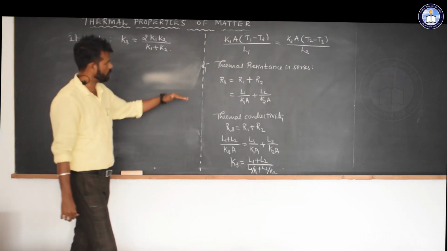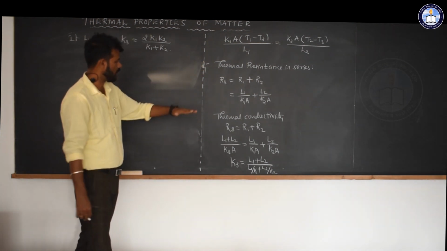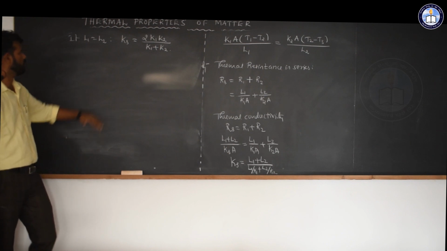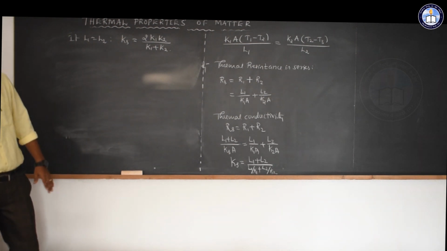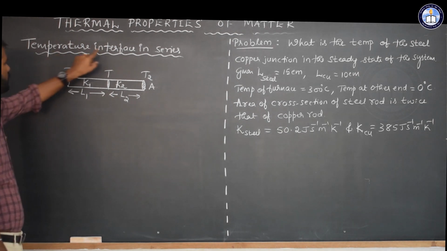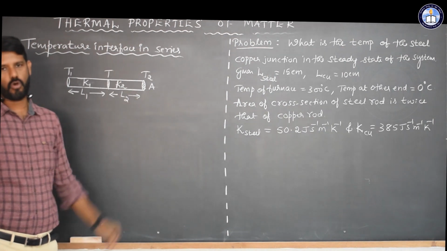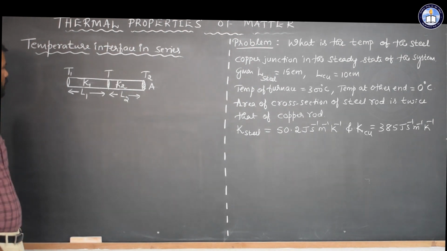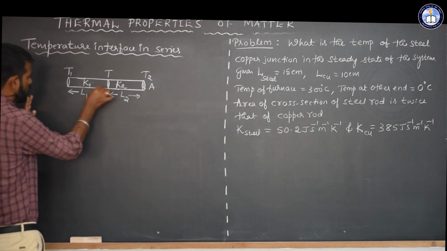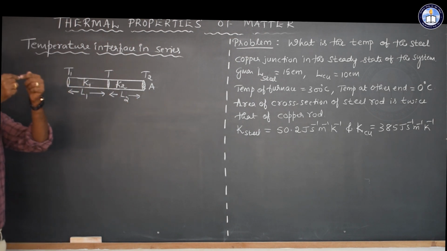We can calculate the heat current, the thermal resistance, and the thermal conductivity in series combination. Let us come to another concept here, temperature interface in series combination of two or more rods. Now let us see that here two rods of length L1 and L2 are connected in series.